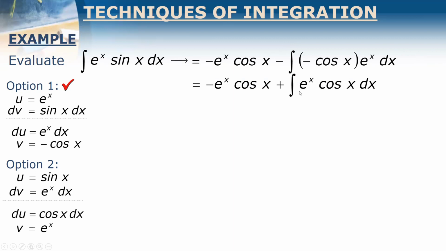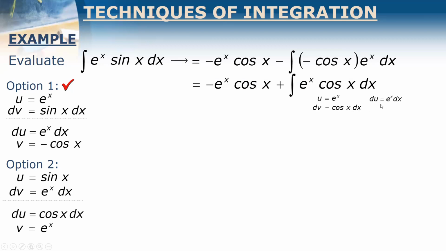This requires integration by parts again. We don't have a standard formula for this one, so we'll use the same selection: u equal to e to the x, and then dv equal to sine x dx.